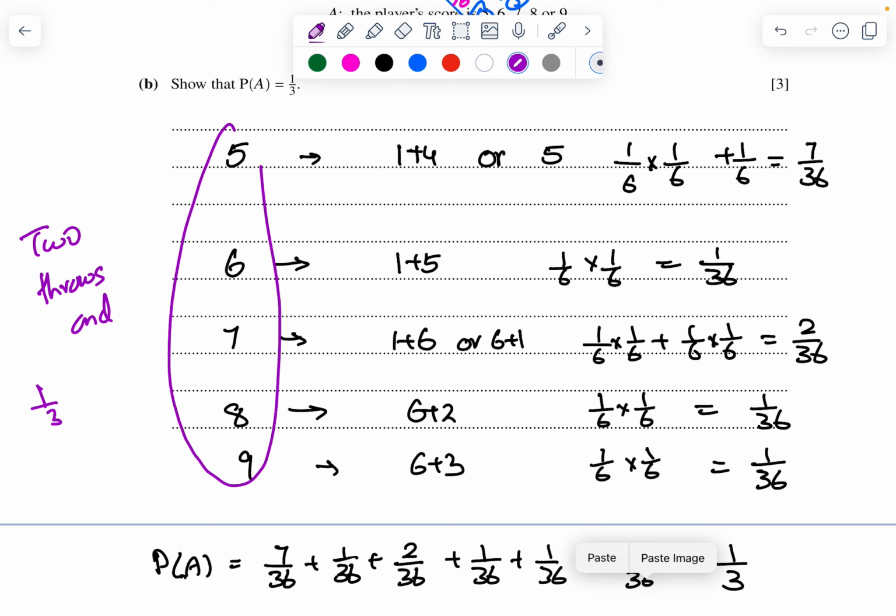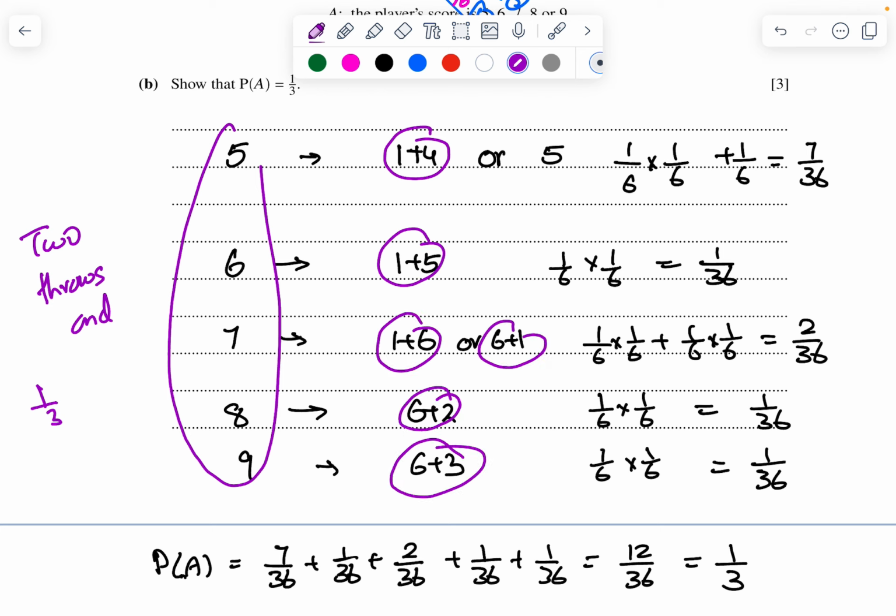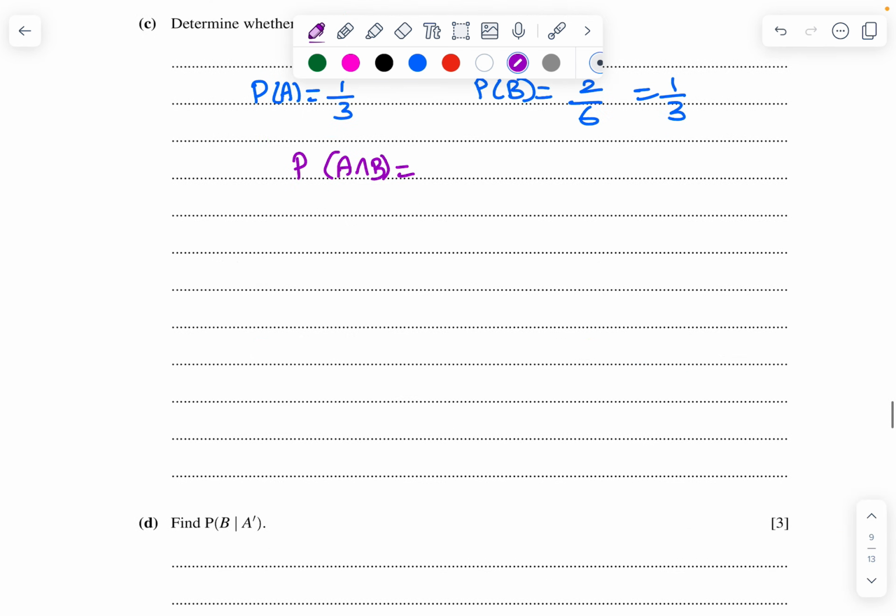When he's doing 2 throws over here, 1, 2, 3, 4, 5, 6, 6 times are there, when he's doing 2 throws and getting 5, 6, 7, 8. So P of A intersection B is 6 upon 36.